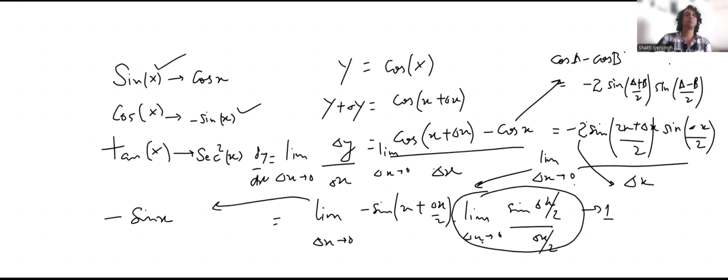So that way we prove that the derivative of cosine x is minus sine x. So now we're done with the first two. Now let's move on to the third one, which is tan x.